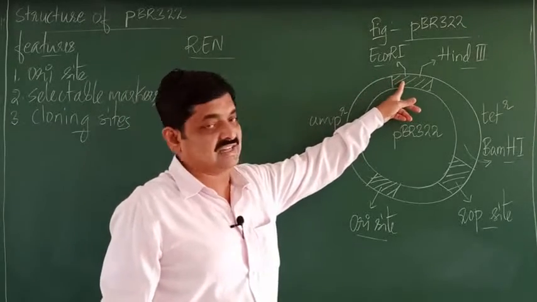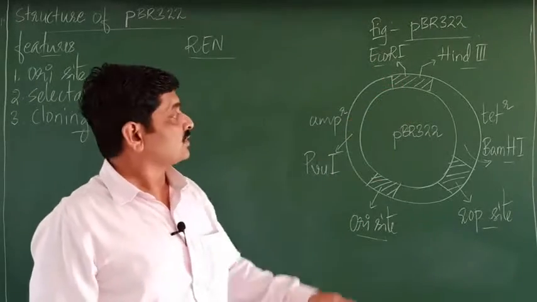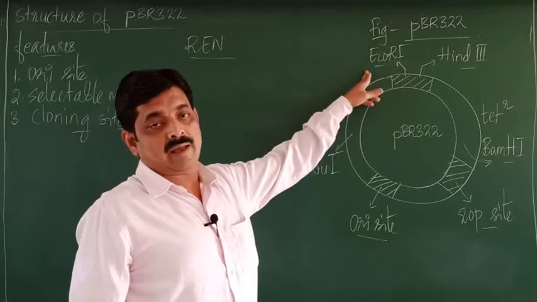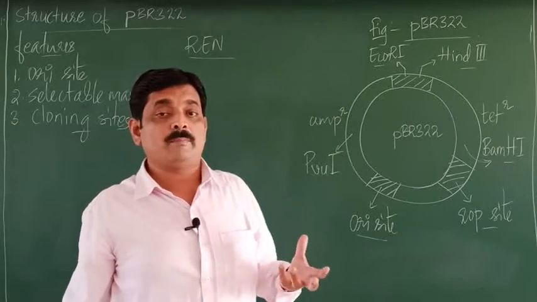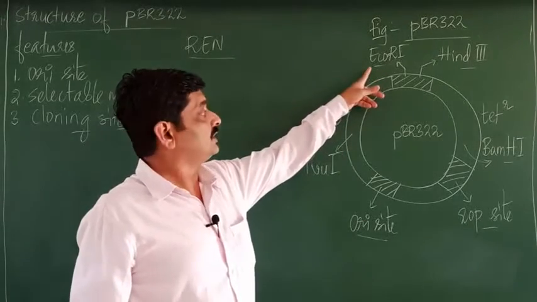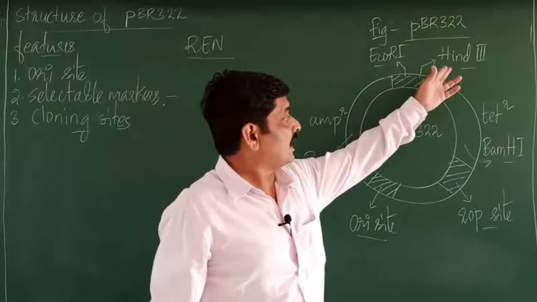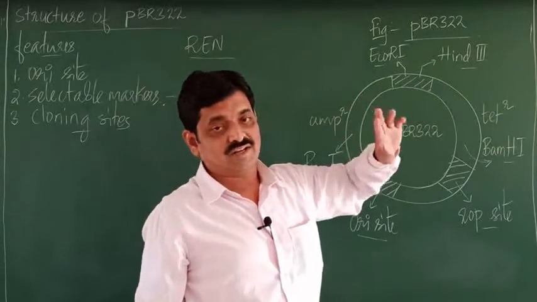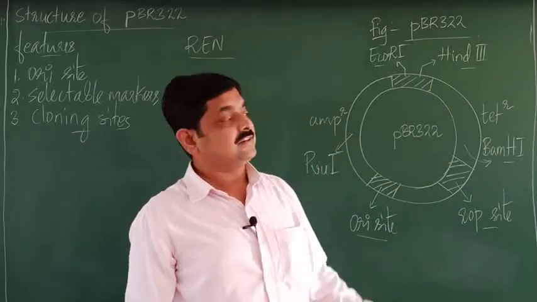So this is the cloning site for enzyme EcoRI. It is obtained from a bacterium. See, almost all restriction enzymes are isolated from bacterial cells. So this is obtained from a bacterium called E. coli, Escherichia coli. Then here you find another restriction endonuclease, HindIII.